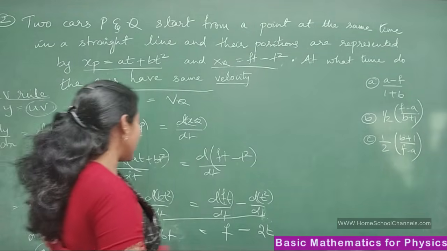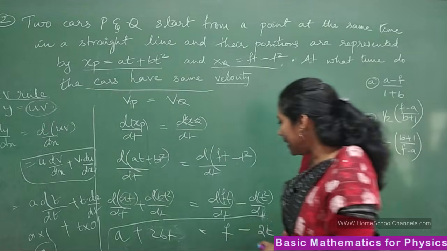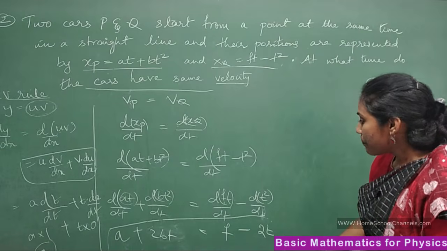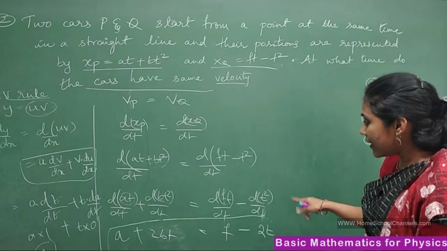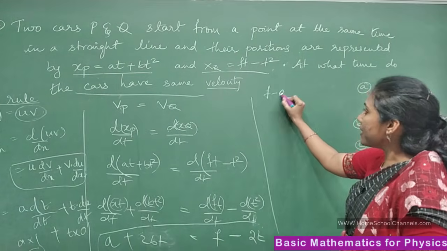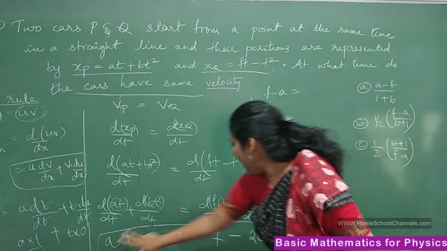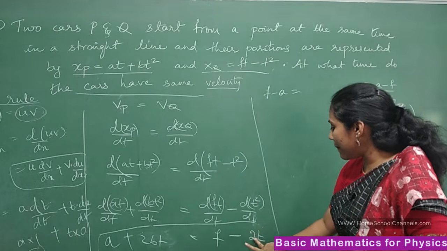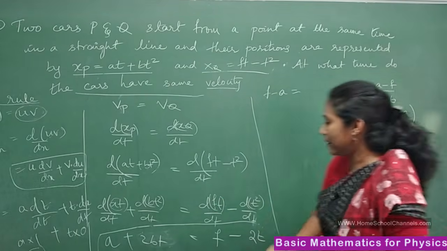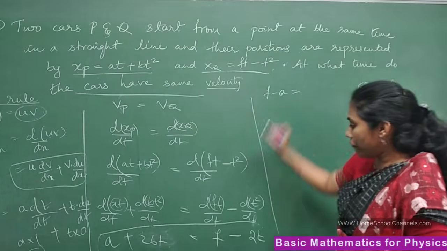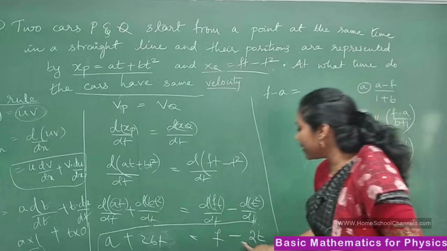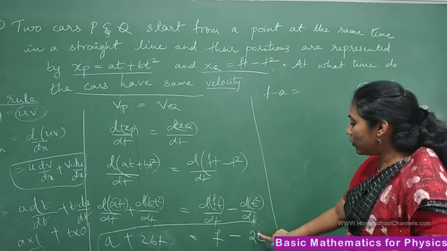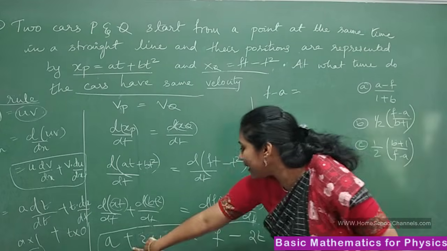Now just a matter of rearrangement. I'll just rearrange here. So how I rearrange is f minus a is equal to, this a I'm bringing here, this minus 2t I'm taking that side.